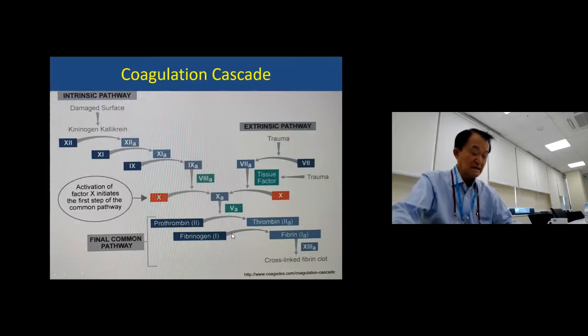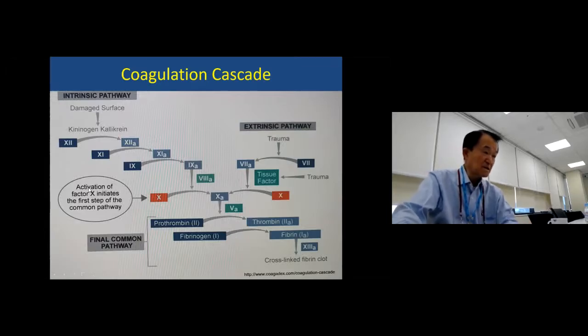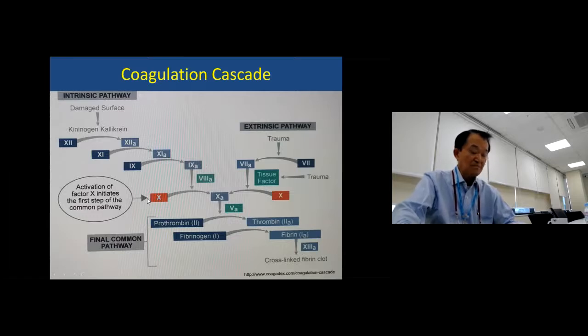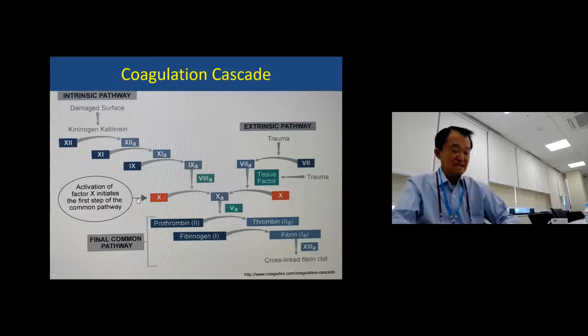And so if we measure PTT, and PTT is lower than the normal range, 30 to 45 seconds, there is a risk of a blood clot, thromboembolic disease.